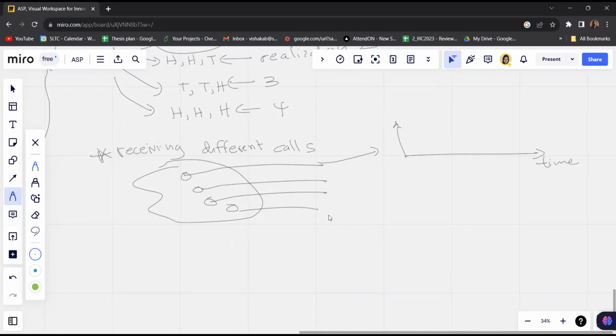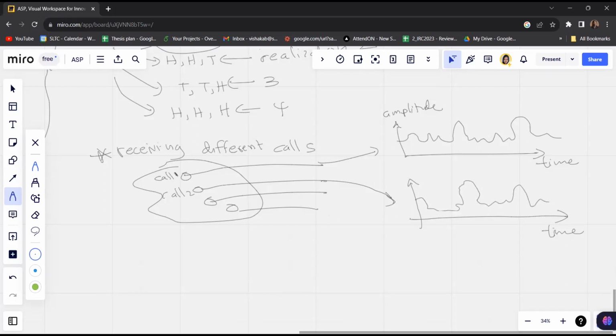The values of the signal will vary with time. The amplitude of the signal will vary, let's say like this, at a certain time instance when a certain caller is calling, call 1. Then call number 2 will be received again with respect to time, and the amplitude of that call will be different from the one we had earlier.